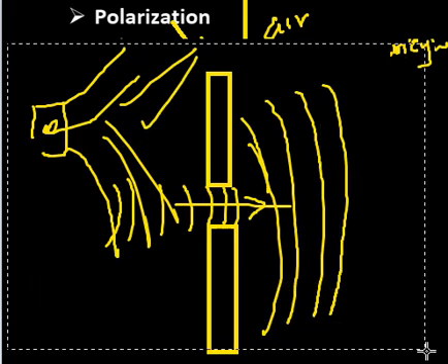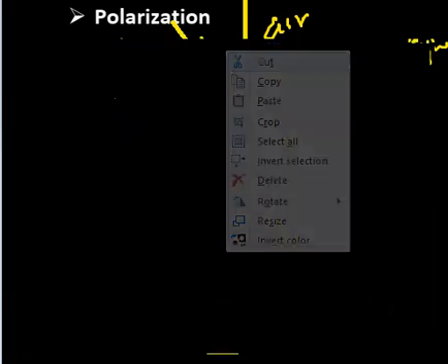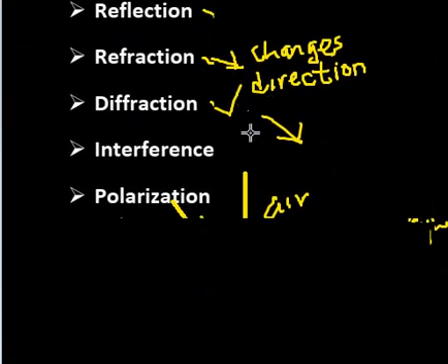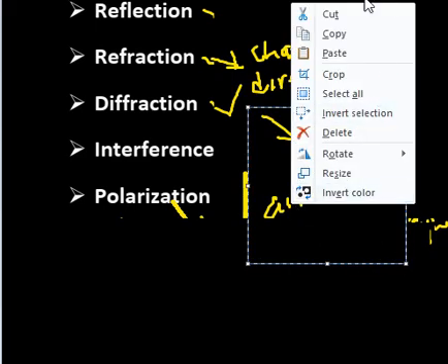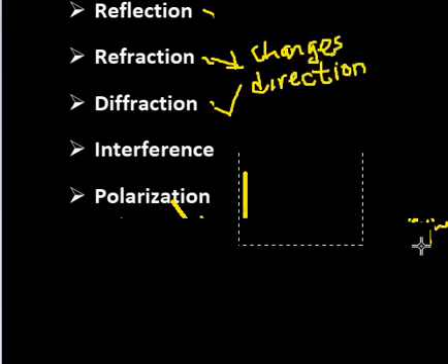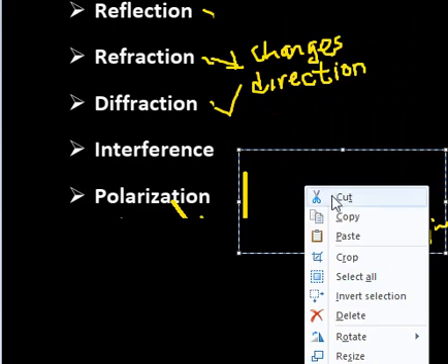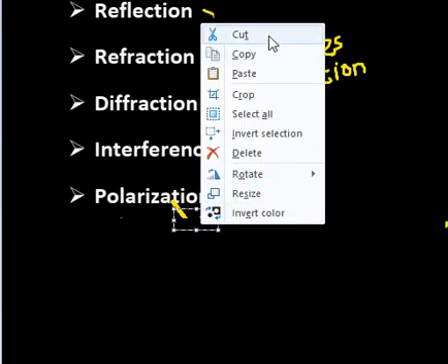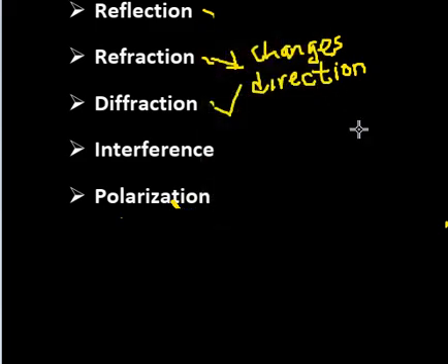That is diffraction. Then of course we talk about interference, as the name implies. If we have different waves traveling in the same medium at the same time, there's a tendency that they will interfere with each other.